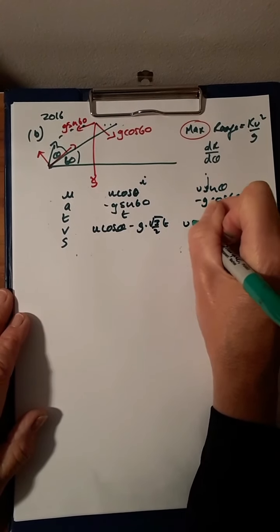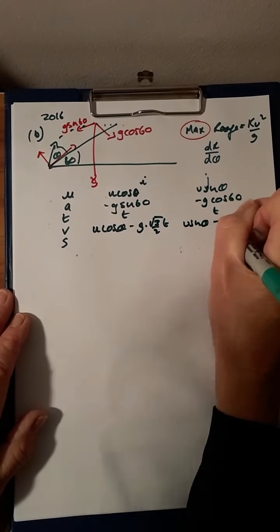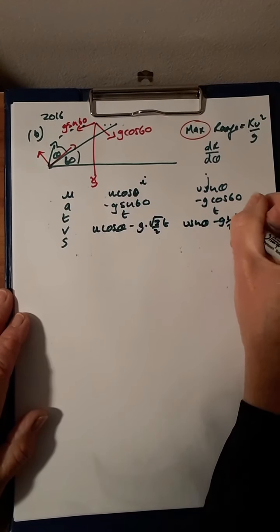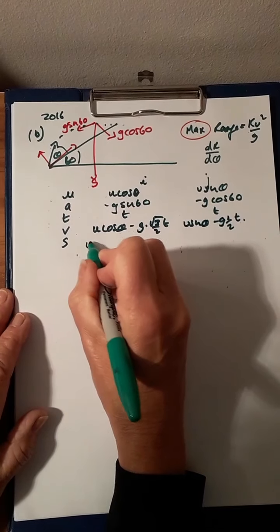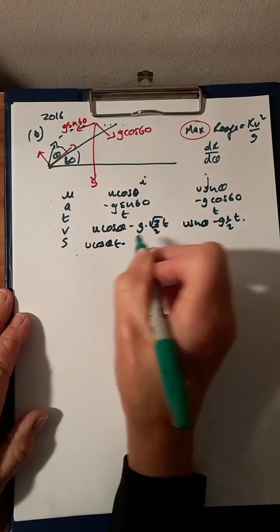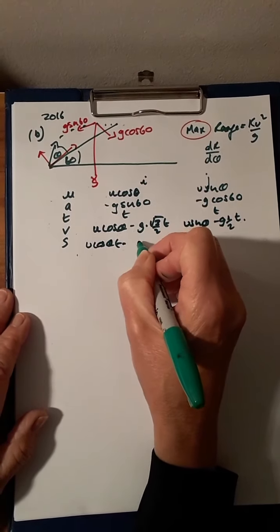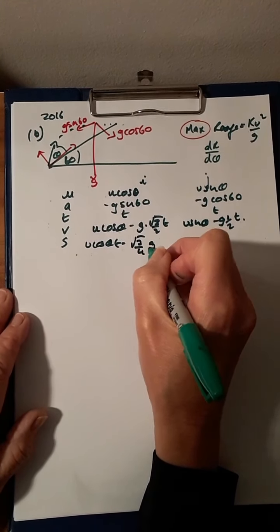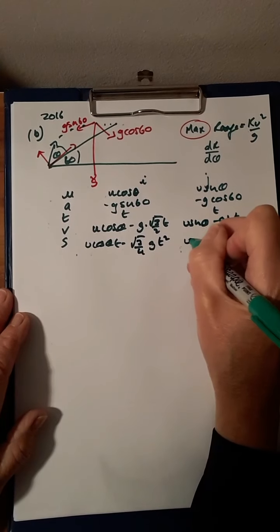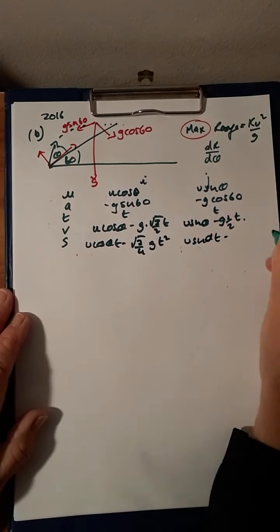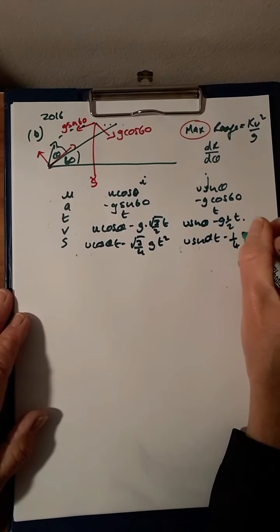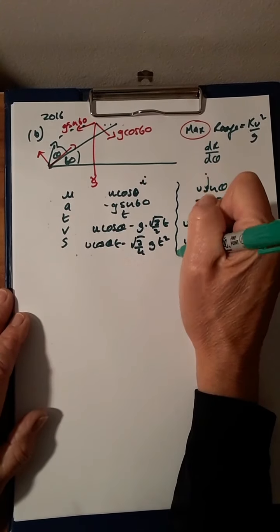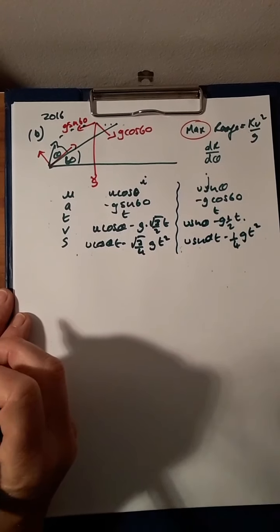And this one is U sine theta minus G cos 60, cos 60 is a half, so that's G a half T. So this becomes U cos theta T minus a half of this, so that will become root 3 over 4 gt squared. This one will be U sine theta T minus a half gt squared, which will become a quarter gt squared. Okay, so there are my two sets of components.